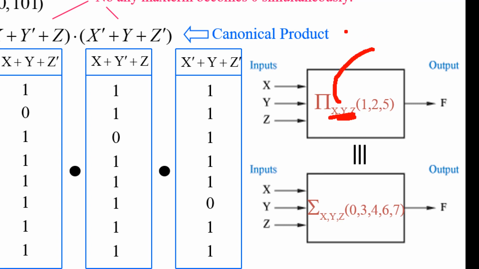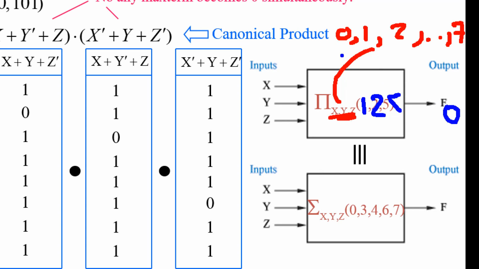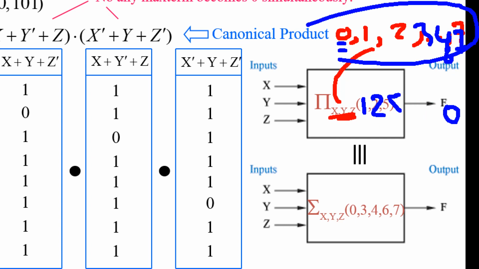That means there are 8 possible values: 0, 1, 2, 3, 4, 5, 6, 7, so 0 to 7. The values 1, 2, 5 make the function 0. That means the input values 0, 3, 4, 6, 7, when you apply them to the input, the result will be 1.